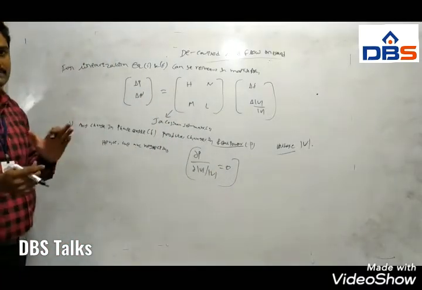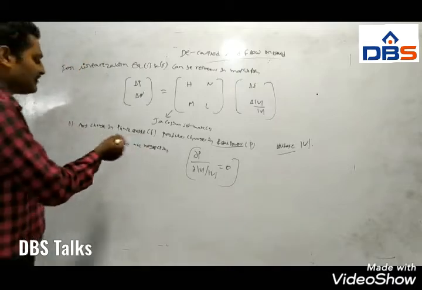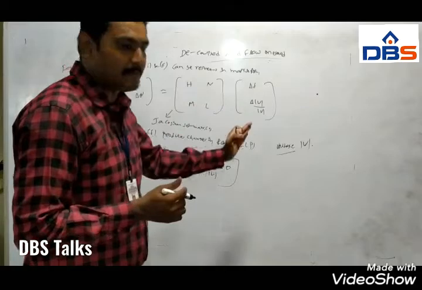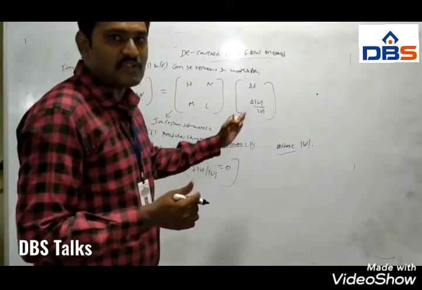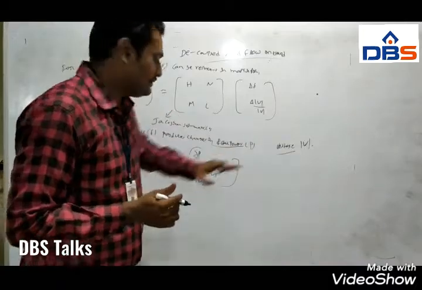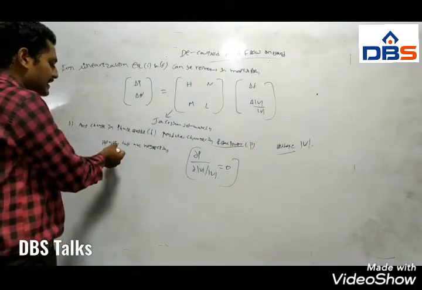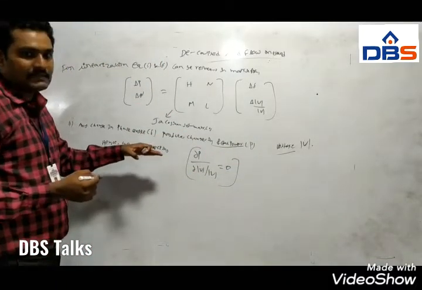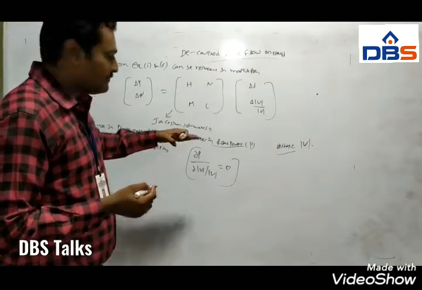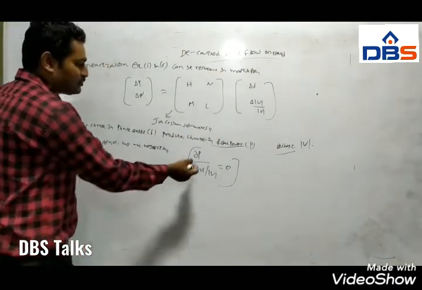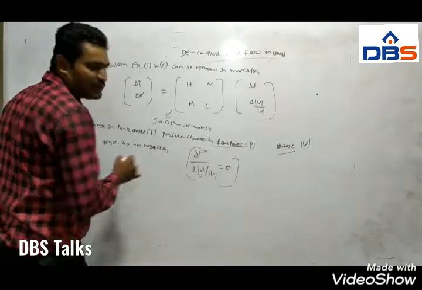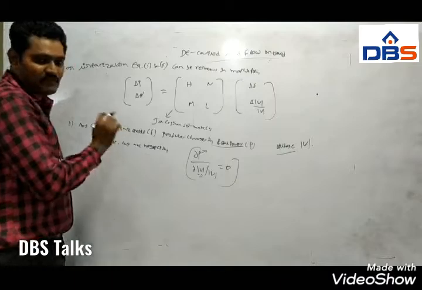Here P is the real power and V is the voltage magnitude.